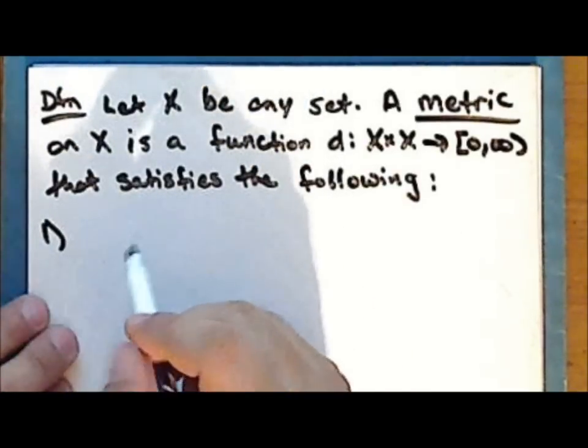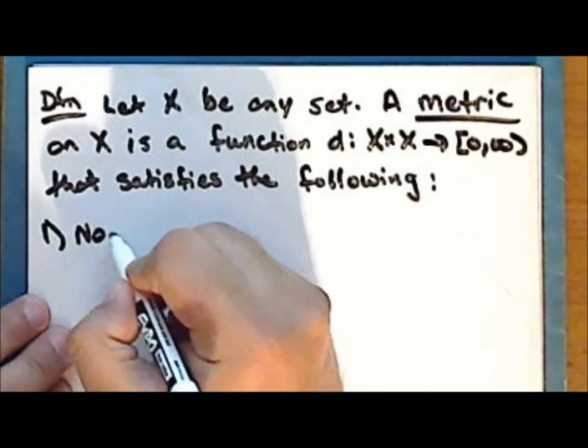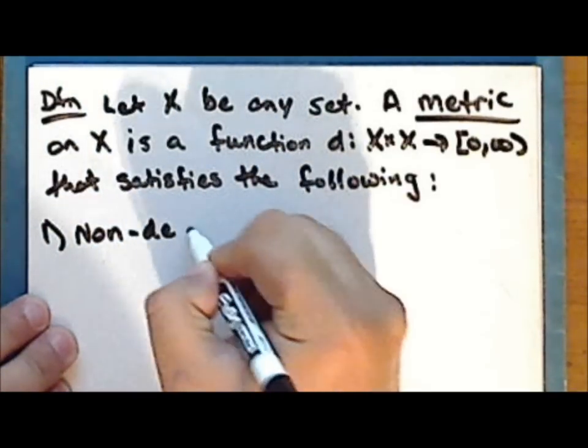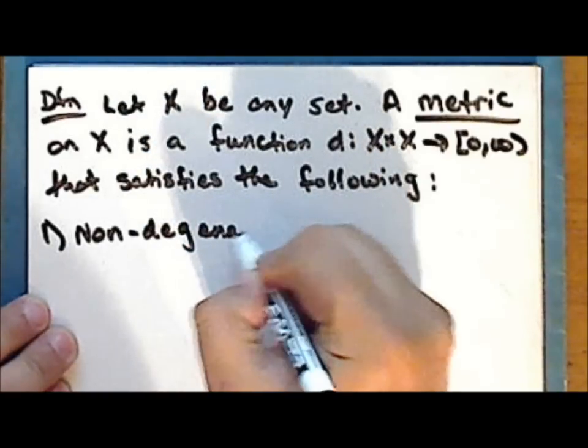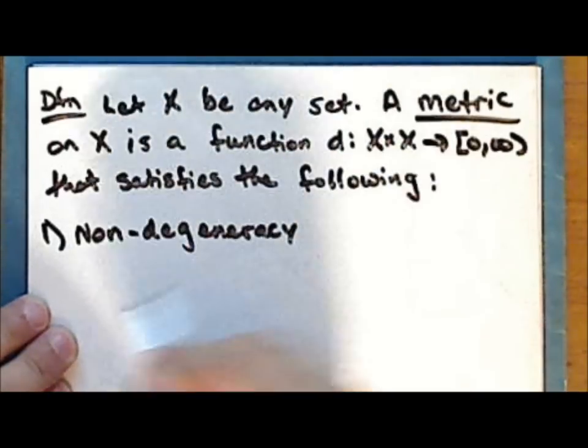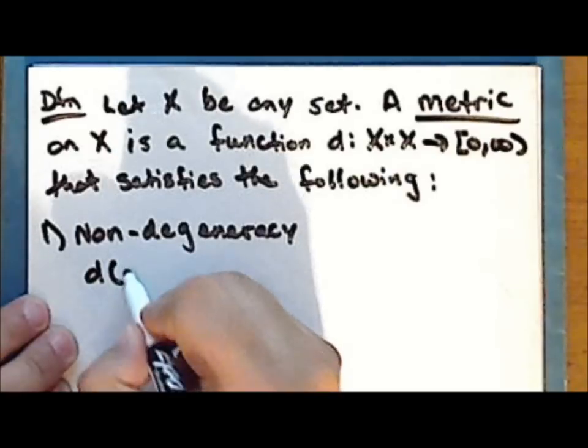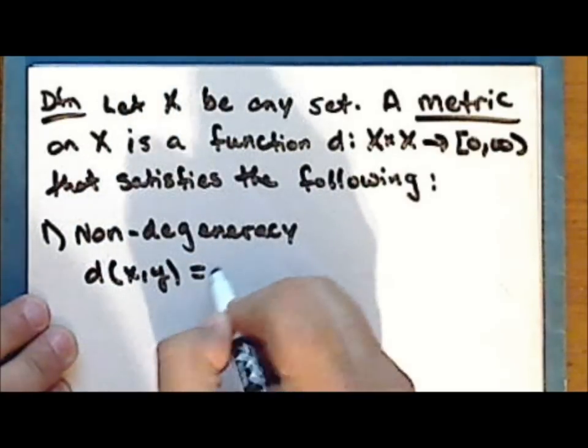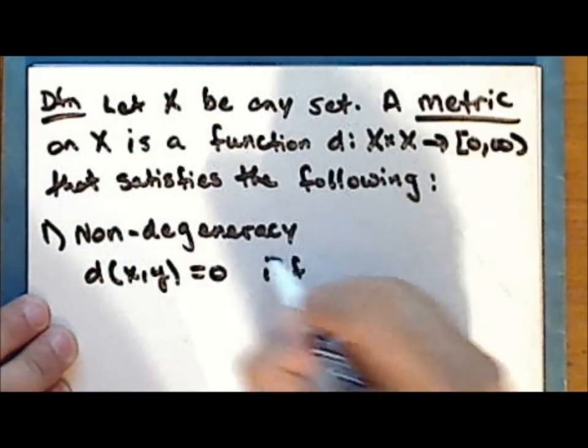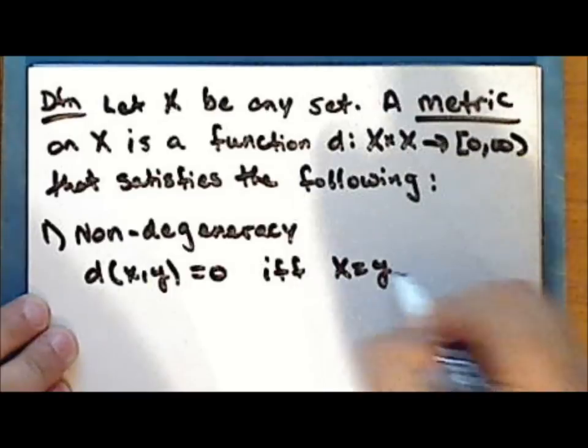The first property is called non-degeneracy, and by this we mean that d(x,y) is 0 if and only if x is equal to y.